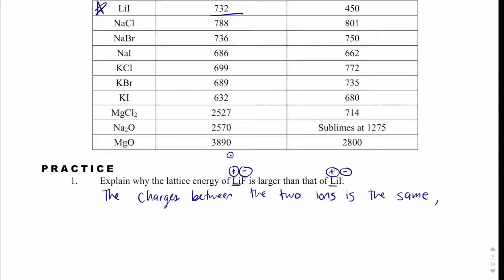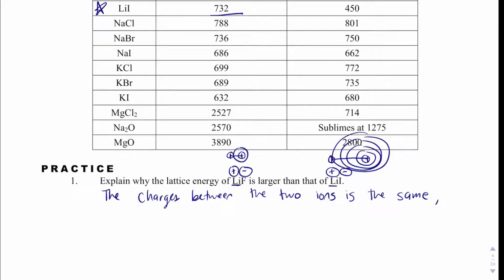Maybe it looks something like that. And then fluoride has two energy levels, so maybe it looks something like that. There's this distance between them. Again, lithium has one energy level. Iodine, if I look at it, has 1, 2, 3, 4, 5 energy levels. It's really large, and so there's a huge distance between them.